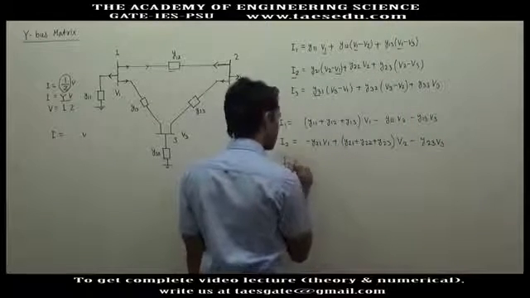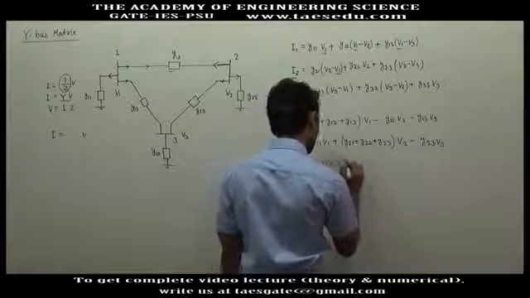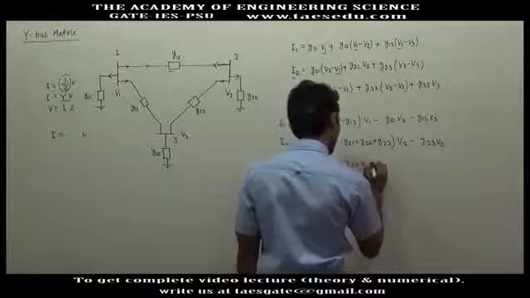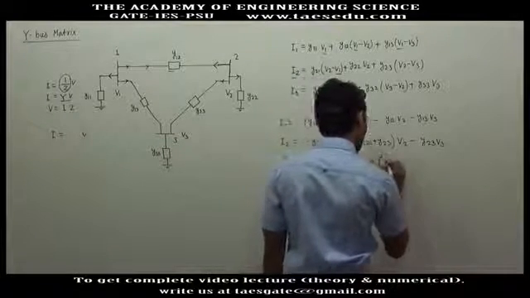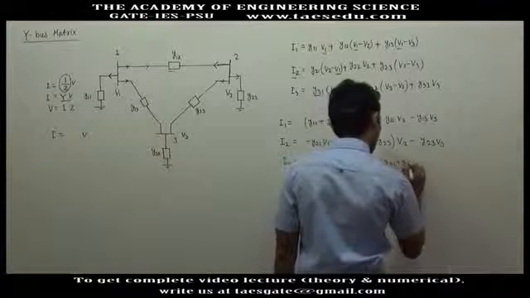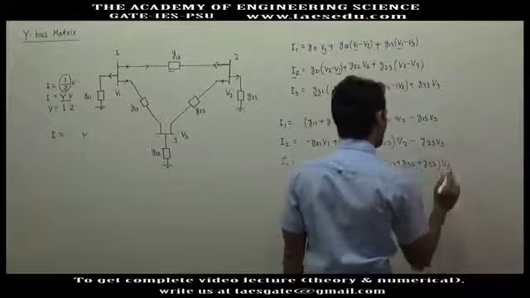And I3 will be minus Y31 into V1, minus Y32 into V2, plus Y31 plus Y32 plus Y33, into V3.